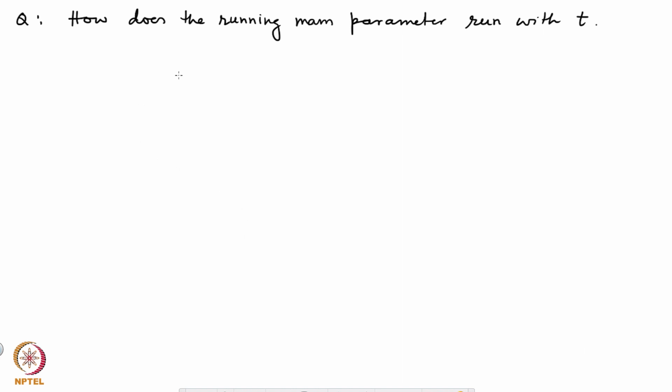So the defining equation of m̄ was the following. Which is, remember, γ̃ is 1 plus γ_m.